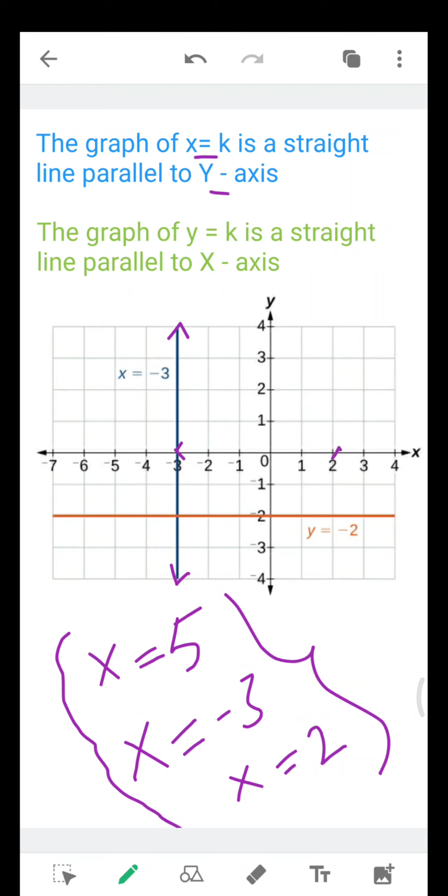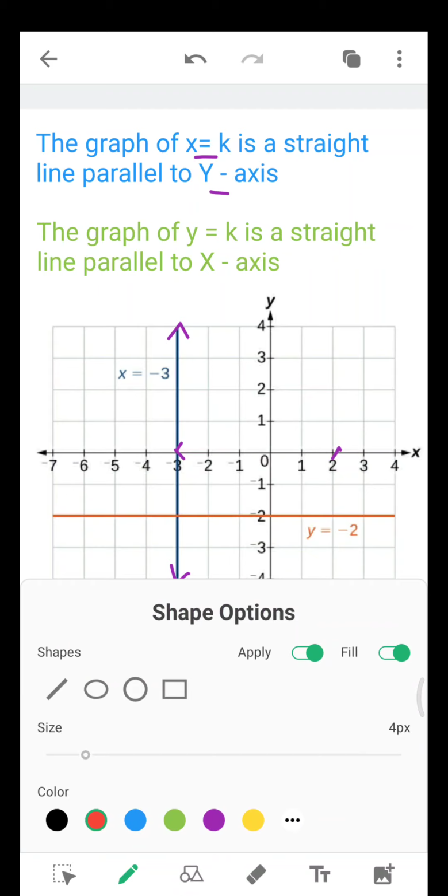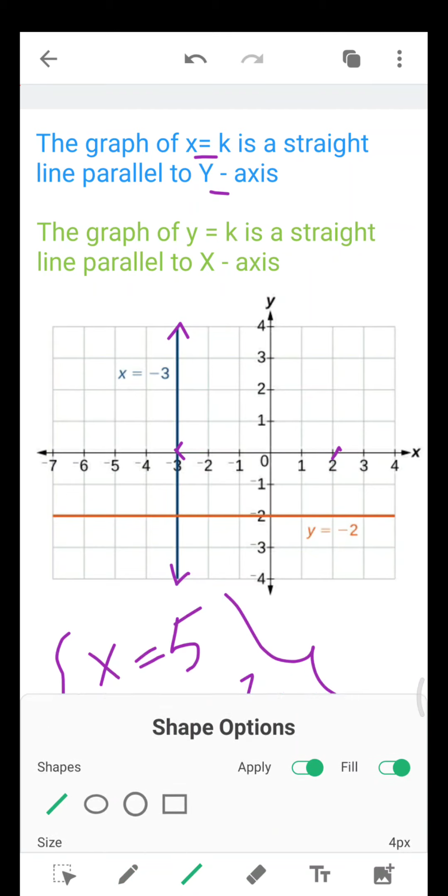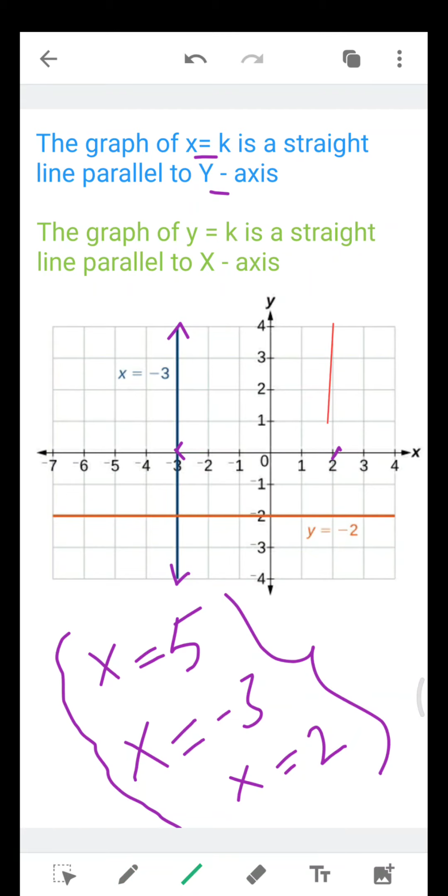From there I'll draw a line parallel to the y-axis. A line parallel to the y-axis will come, that's all. This is the graph. You can extend the line if you want, better you extend it because it's a line. This is the graph of x equals 2.